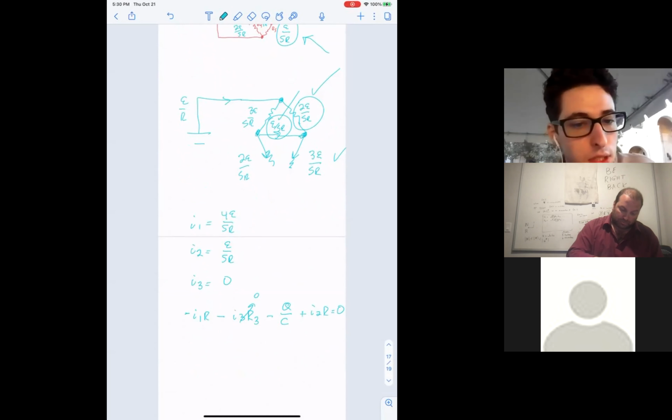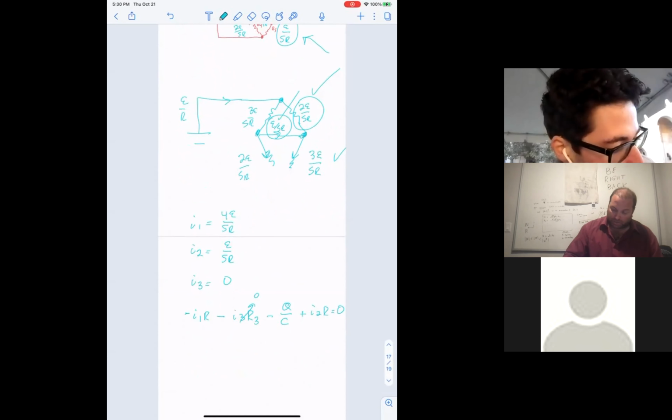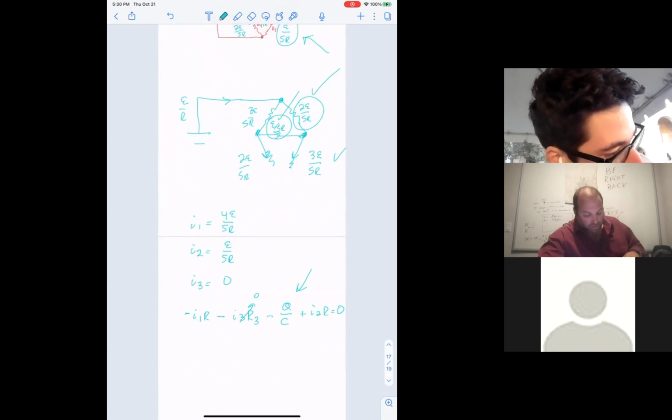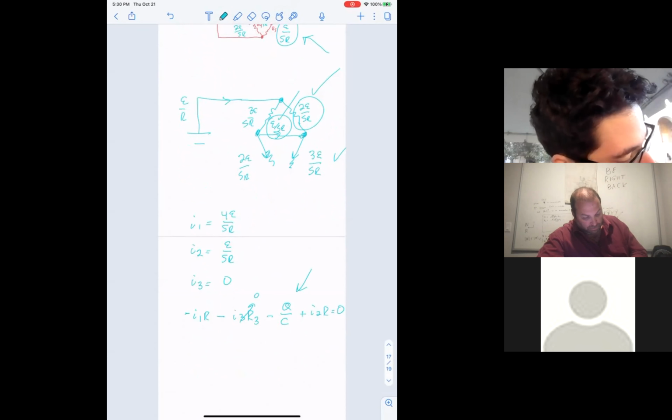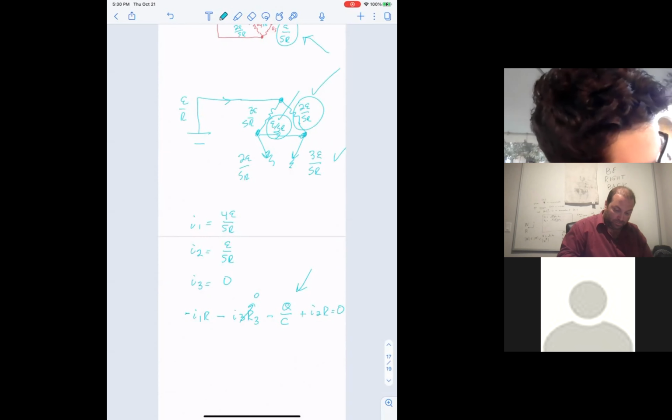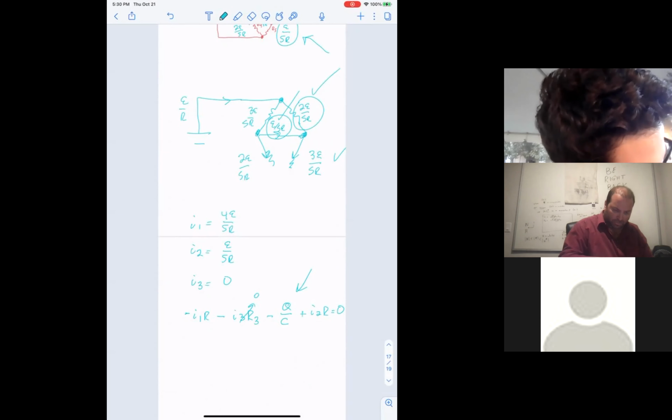Oh, right, because the V is the same as Q over C. And then just solve for Q. So it's 4E over 5R times R minus Q over C plus E over 5R times R equals 0.